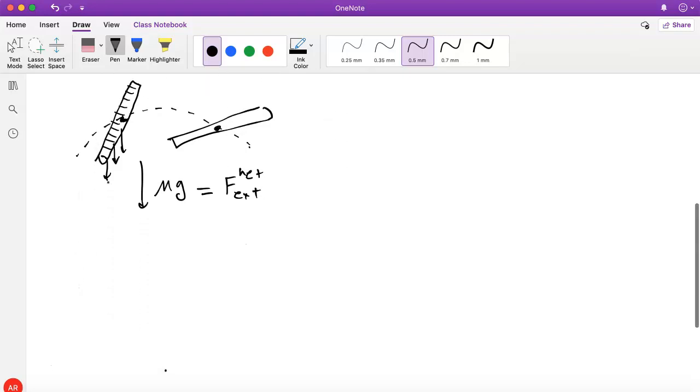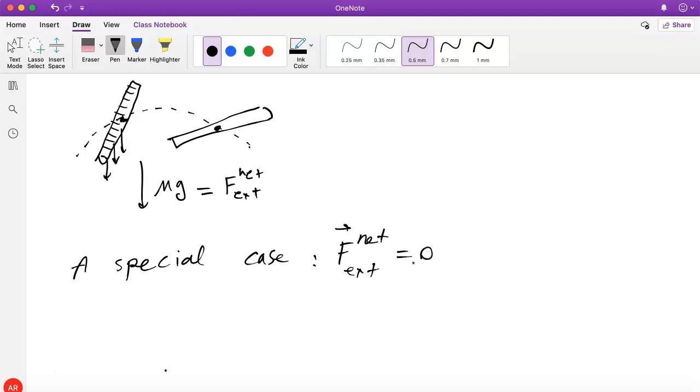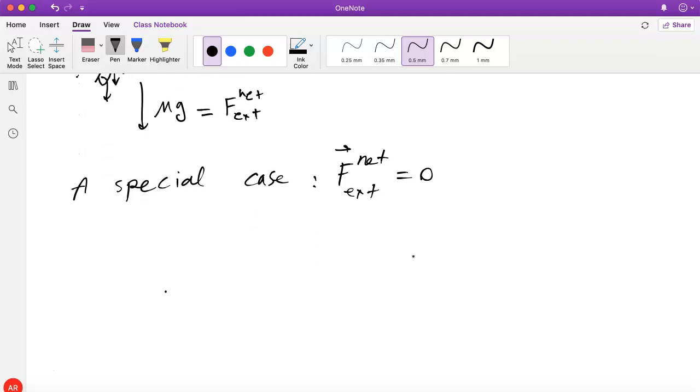All right. Now, a special case is when there is no net external force, when this thing is zero. So you can think of a situation like this as, let's say you have a frictionless table and you have a disk or some object that can slide on the surface, and you give it a kick and it can rotate around and move around.